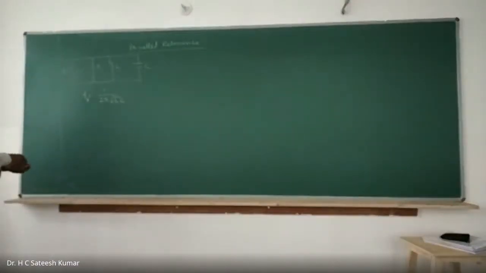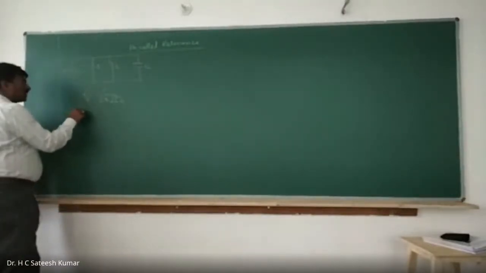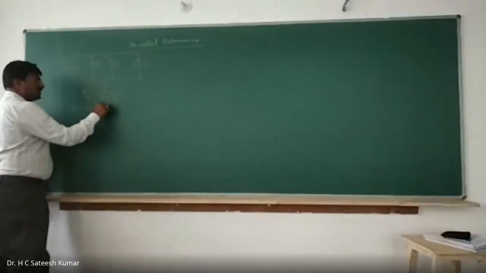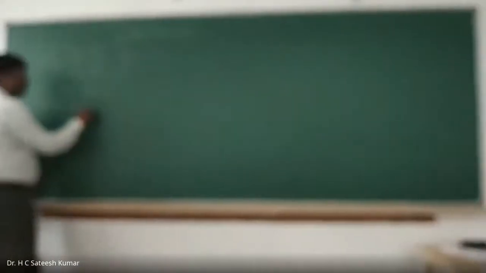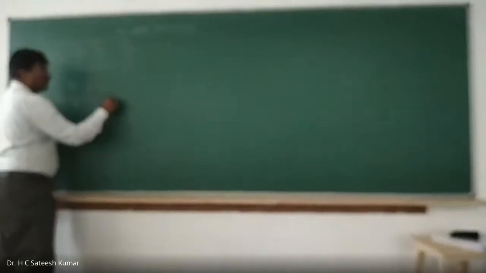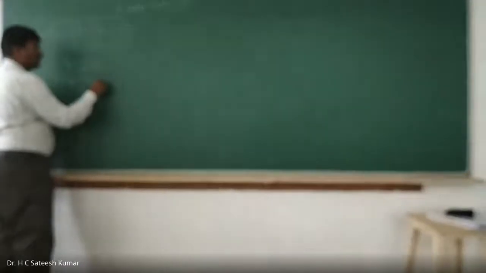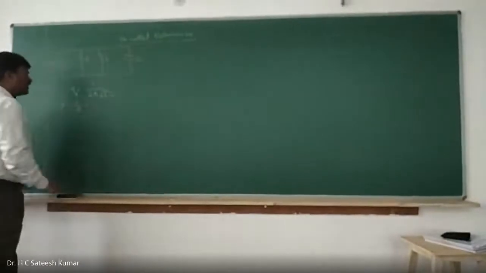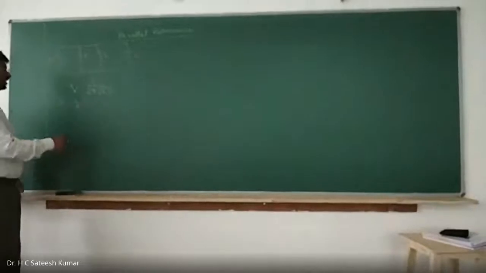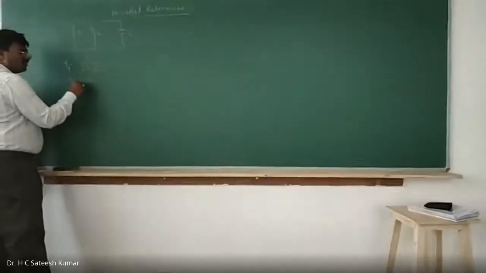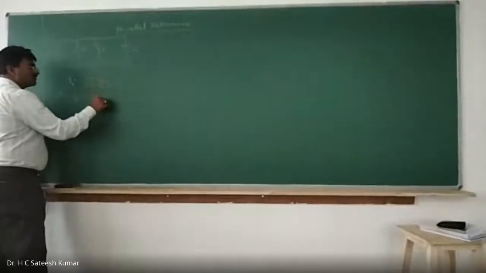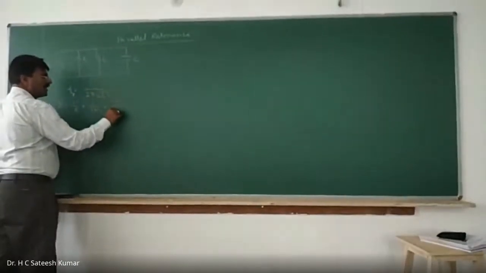And as we all know, the total admittance is equal to the admittance of the resistance, which is 1 by R, plus the admittance of the inductance, which is 1 by j omega L, plus the admittance of the capacitance, which is 1 divided by minus jXC. 1 by R is the admittance of the resistance, which we call conductance. The admittance of the inductance is 1 by jXL, plus the admittance of the capacitance is 1 by minus jXC.